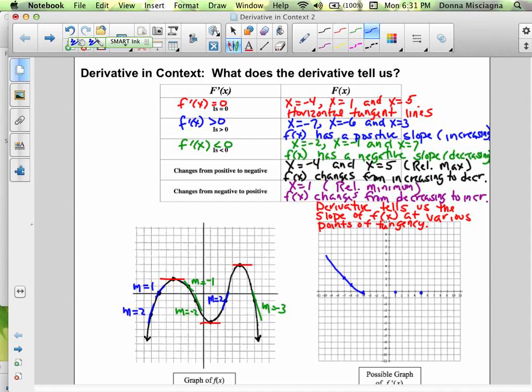All right, so 1, 2, 3, 4. So about 4 we have a slope, or at 0, excuse me. At negative 2 we have a slope of about negative 1. Right? We're decreasing. And then we start decreasing a little faster, because at negative 1 we have a slope of about negative 2.